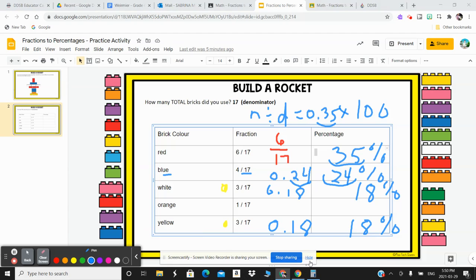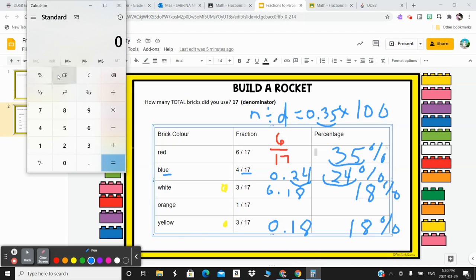Now let's do orange. Calculator, and orange was 1/17. 1 divided by 17. Yet again, we're going to round to the nearest hundredth here. So there's my hundredth column. Who's that knocking on my back door? It's an 8. So we're going to round that to 6 hundredths.